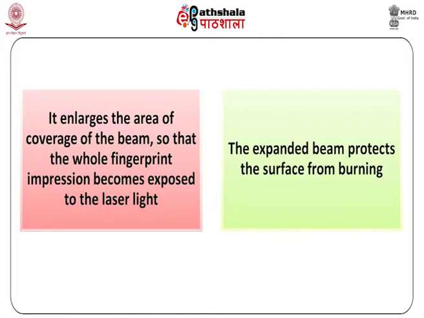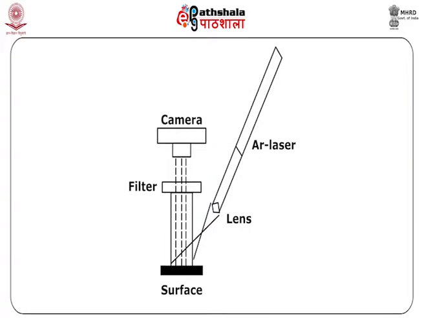This serves two purposes. Firstly, it enlarges the area of coverage of the beam so that the whole fingerprint impression becomes exposed to the laser light. Secondly, the expanded beam protects the surface from burning. The imprint is observed through a safety filter.